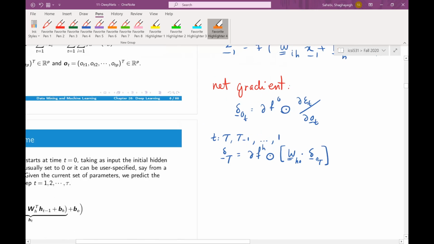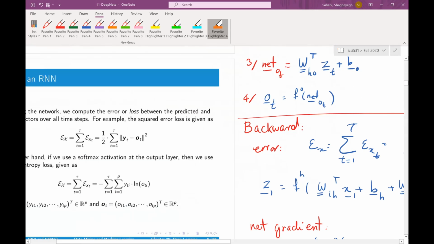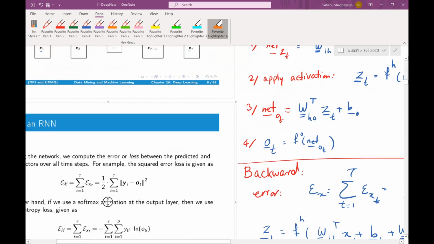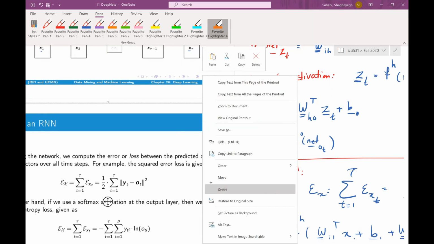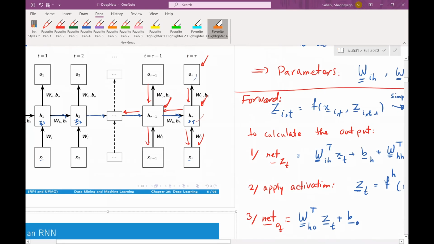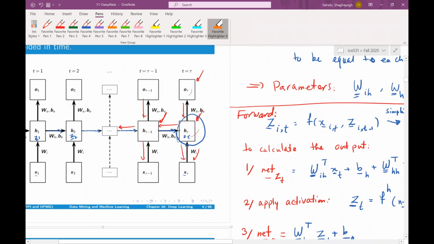Like here, for specifically the last hidden H that we have, nothing is feeding into it from any further hidden H's, right?